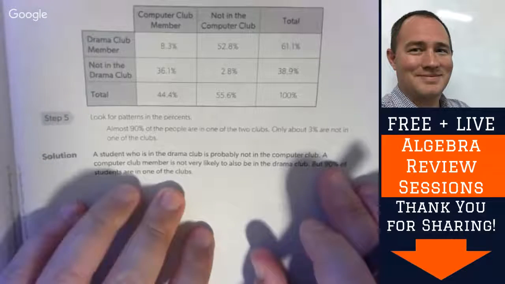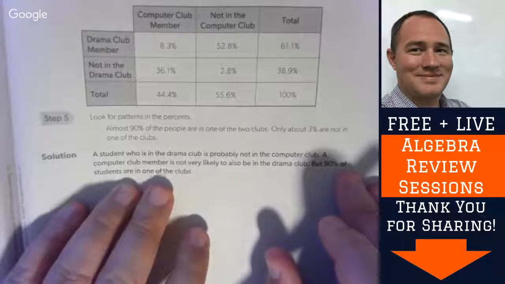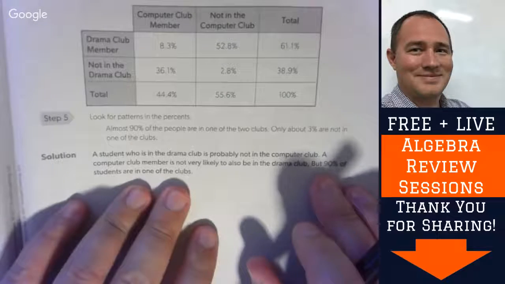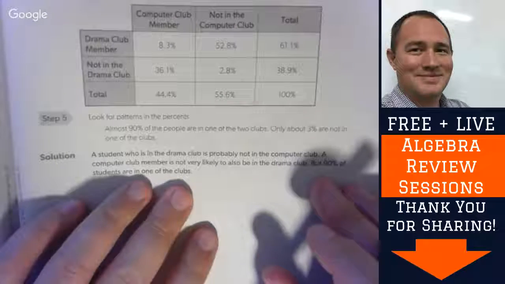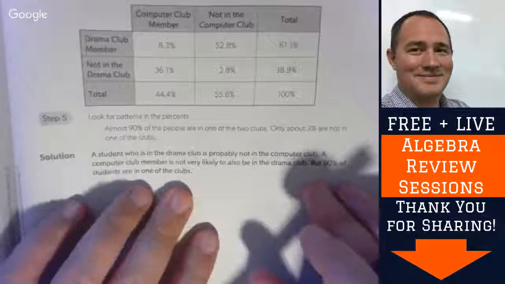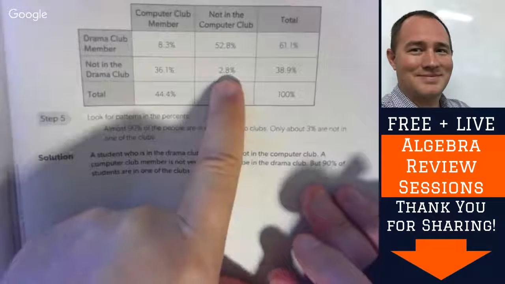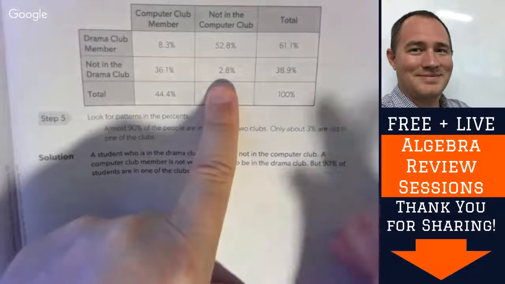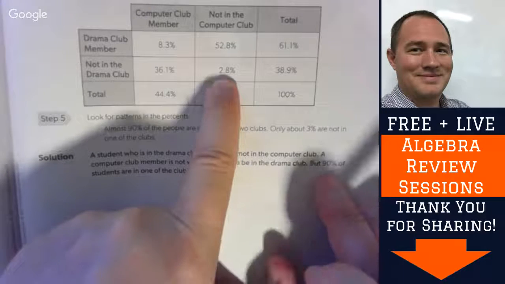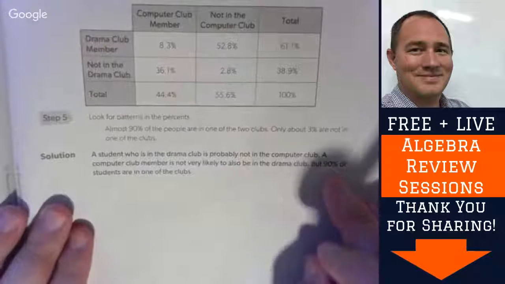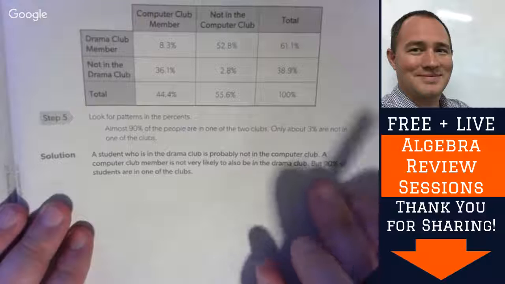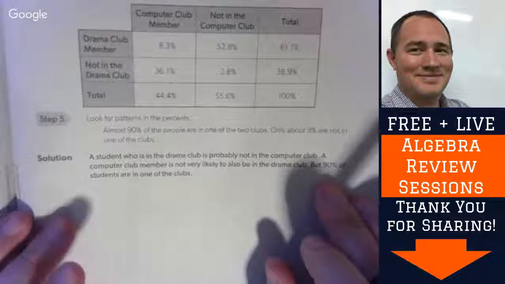It says but 90% of the students are in one of the clubs. That's kind of like saying 90% of the students are taking advantage of the clubs. It's higher than that, right? There's only 2% of the students that are in neither. So it's really like 97% if you're going to your district manager or something, and they were thinking of cutting funding for all of the clubs.